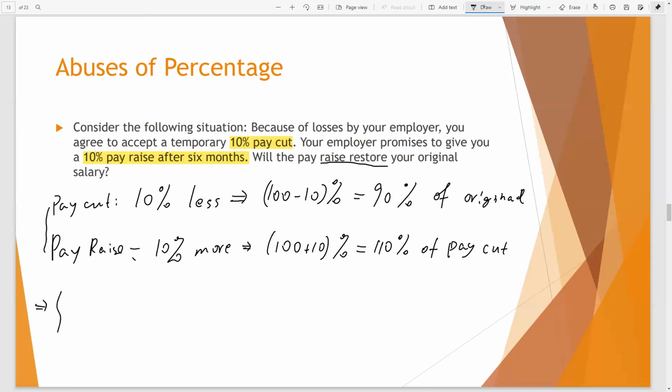When we get that, the pay cut gives us 90% of the original. In other words, we can write it the other way. That's the original times 90%, and then the pay cut times 110%.